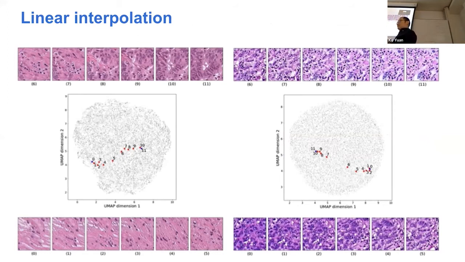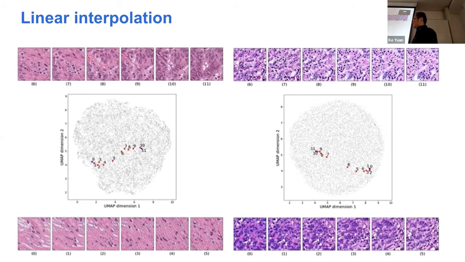If you're just above or just below the manifold, you may be reconstructing something completely different. Whereas if you stay on the manifold, you will likely see some kind of linear transformation or gradual changes from one part of the manifold to another. That's totally possible, I think.